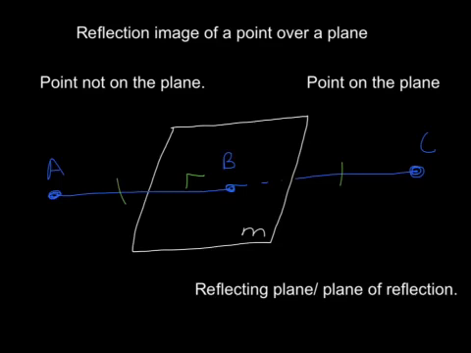So a point not on the plane would be point A. When point A is reflected over plane M, which is called the reflecting plane, point A now becomes point C.